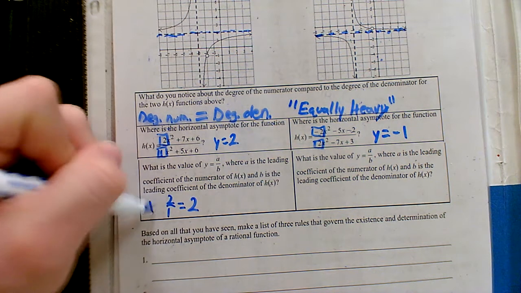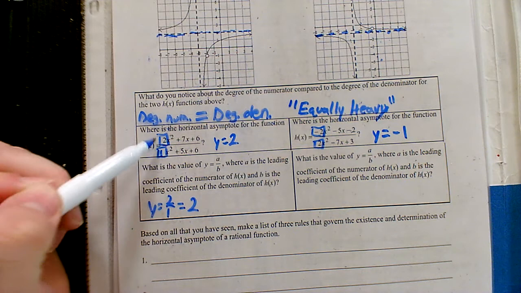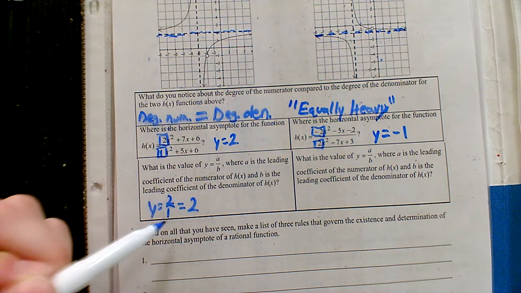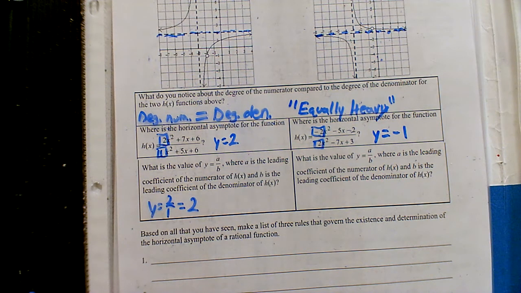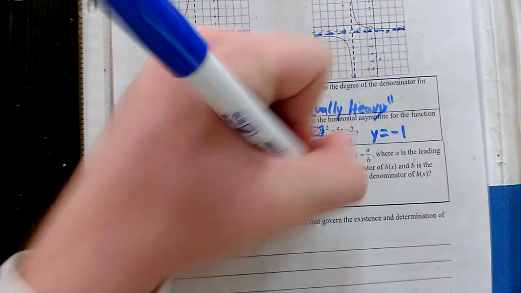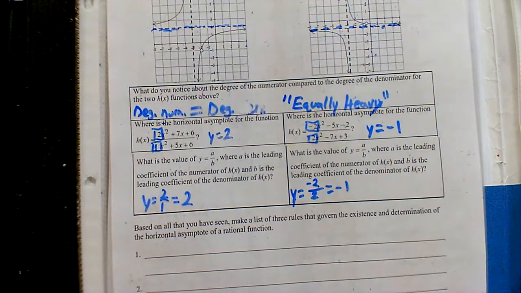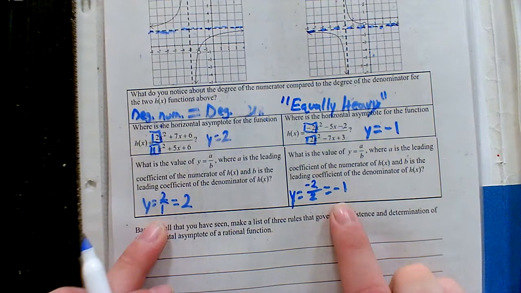So we kind of showed this step up above and talked about that the leading coefficient is how you actually get that a over b equal to your horizontal asymptote. So we really did both steps in this one. And over here it was negative 2 over 2. So this is really showing your steps. That way if you look back at your notes when you're studying, you understand how we got that, listing out the coefficients. That's how we found these values.